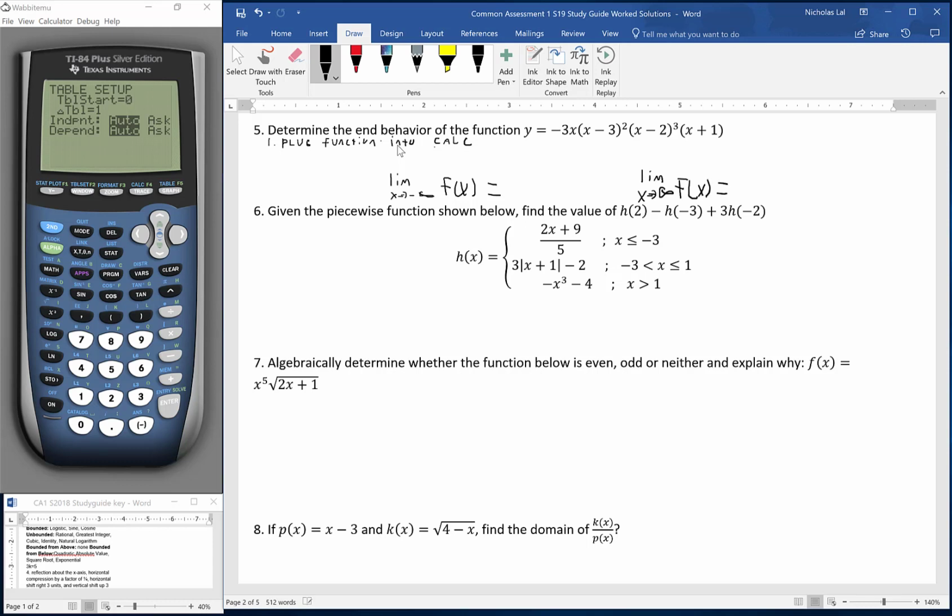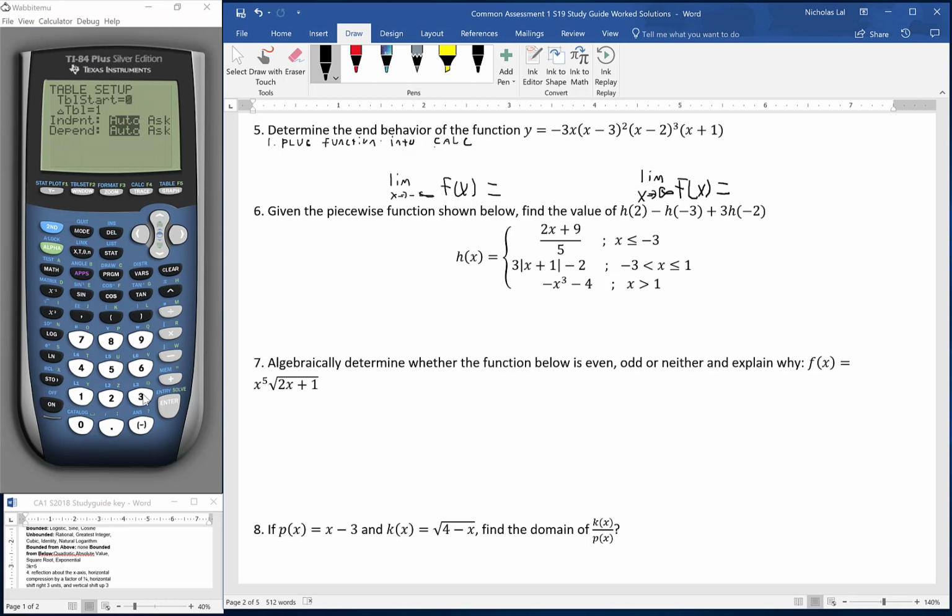So while we can't have our calculator evaluate when x is equal to infinity, we can have our calculator approach when x approaches negative infinity and positive infinity, and we can do that by analyzing the function at really small and really big numbers. So let's analyze the function at a really large negative number and a really large positive number.